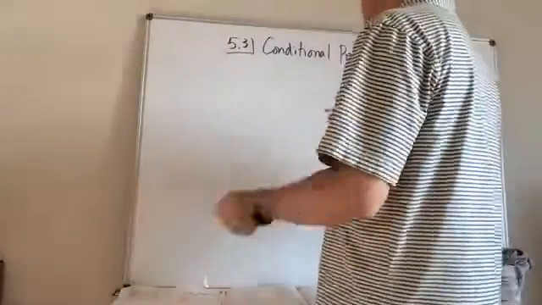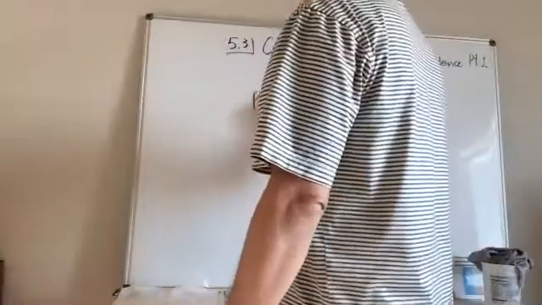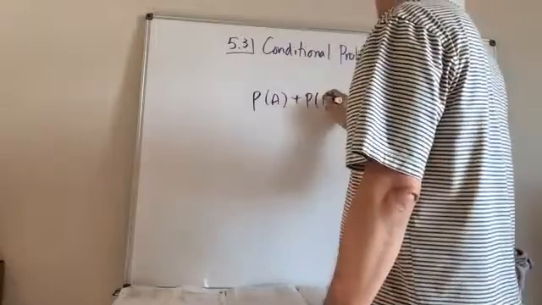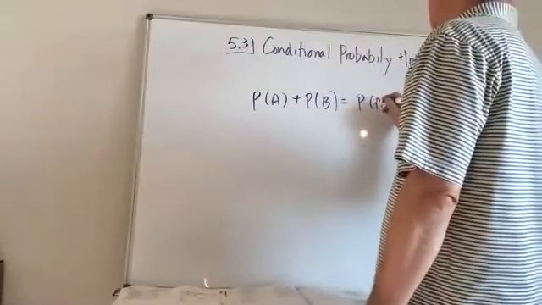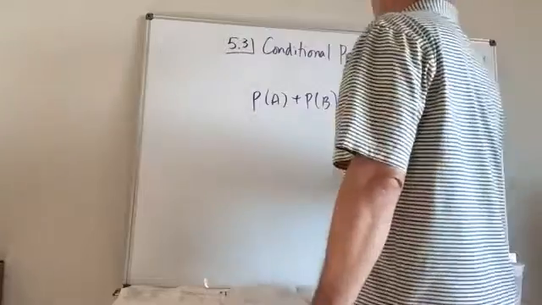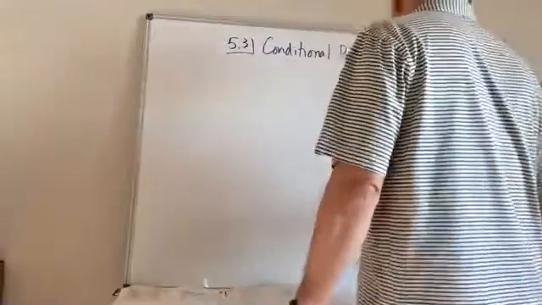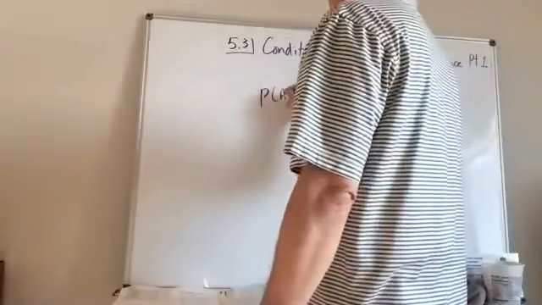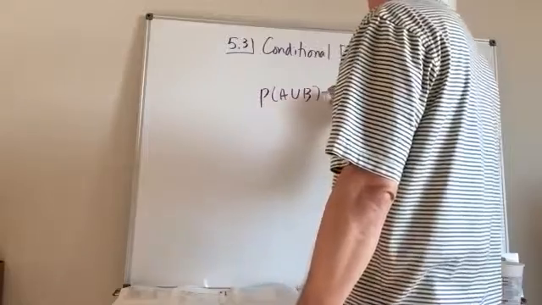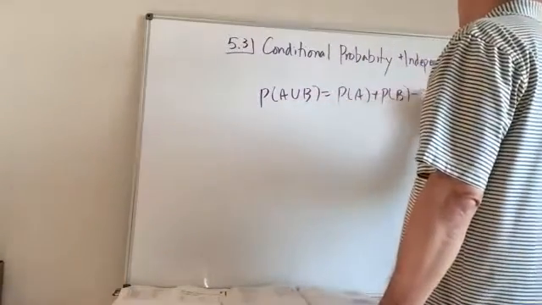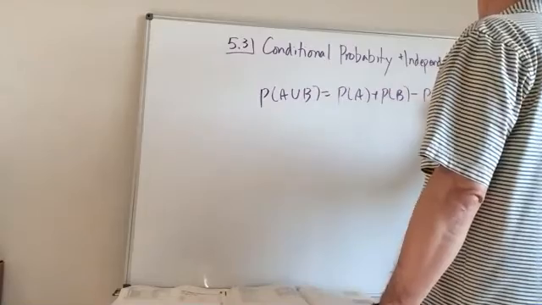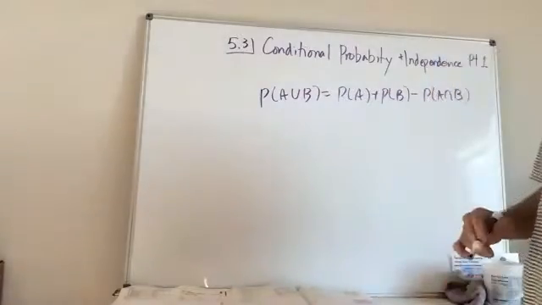Mutually exclusive, if you remember correctly, is this: P of A union B is equal to P of A plus P of B minus P of A intersect B. We did this, right?